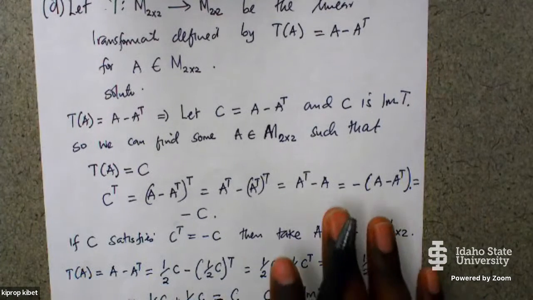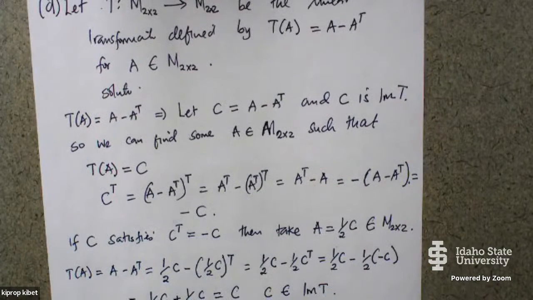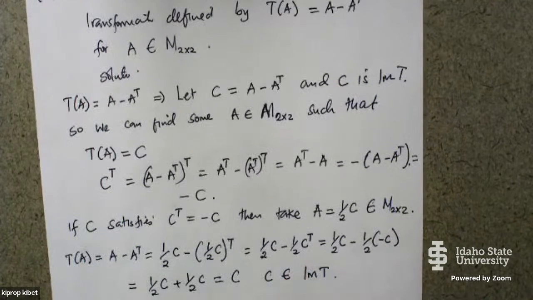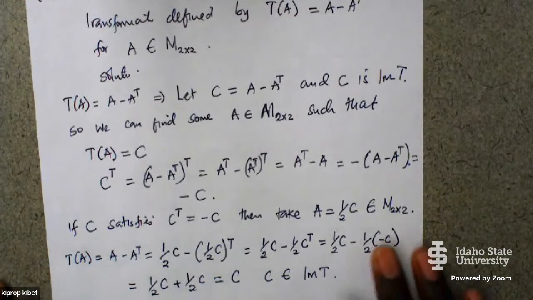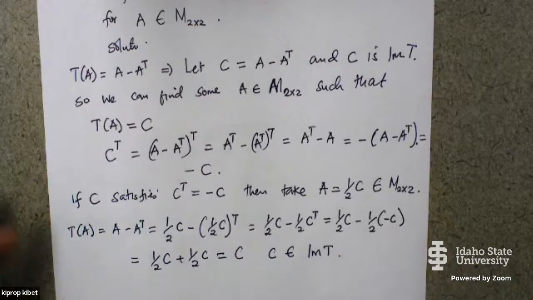Let's continue from where we left, and we were doing an example on how to prove whether it's a linear transformation or not. So we wanted to look for the range and the kernel here.